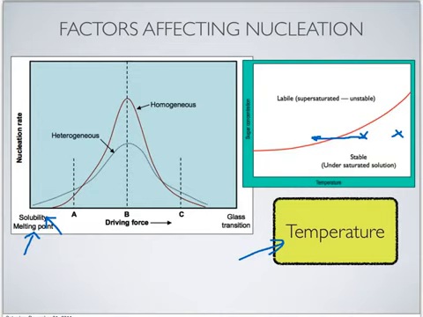So we need to reduce the temperature for longer, or it will take a longer time to get to the supersaturated state, and therefore the rate of nucleation also will increase more slowly compared to this point.